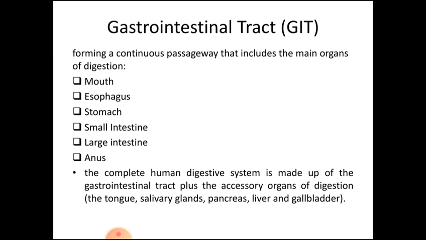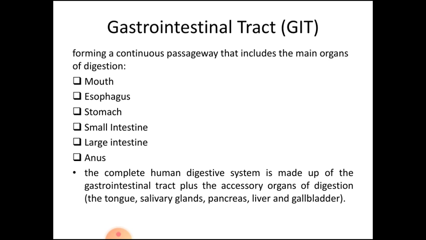The complete human digestive system is made up of the gastrointestinal tract plus the accessory organs of digestion. These accessory organs of digestion include the tongue, salivary glands, pancreas, liver, and gallbladder.